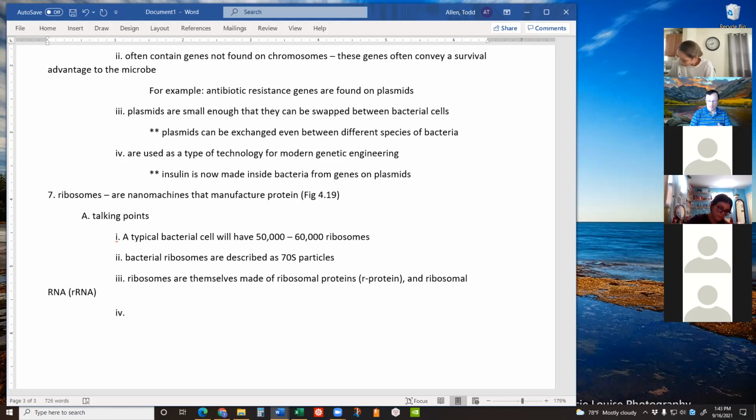We said probably last class period that the cell wall of bacteria has been a traditional target of antibiotics, such as penicillin, which disrupts the cell wall synthesis of many species of bacteria. Ribosomes have also been a classical target of different antibiotics.